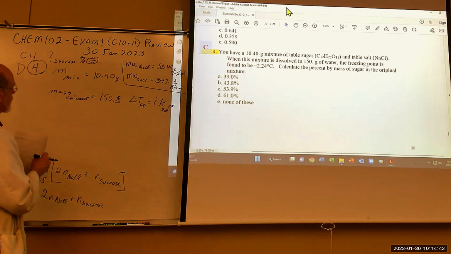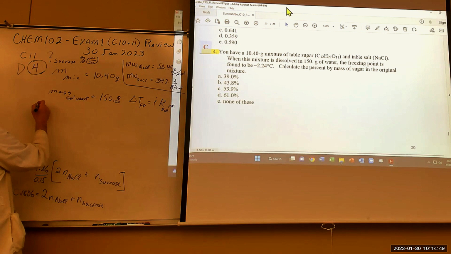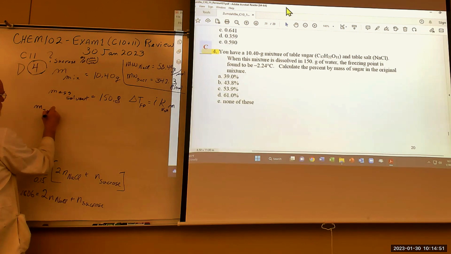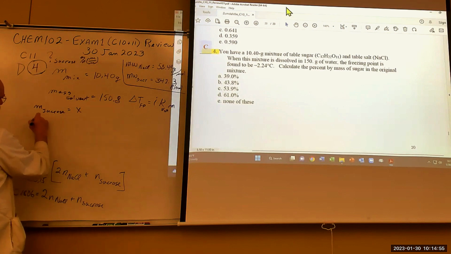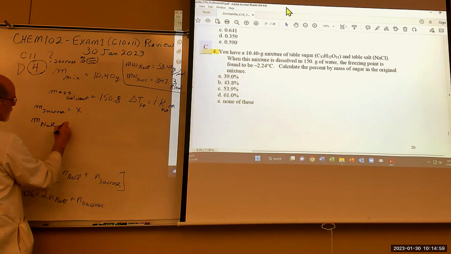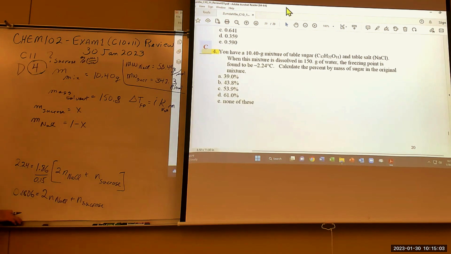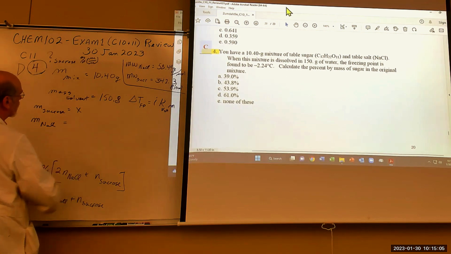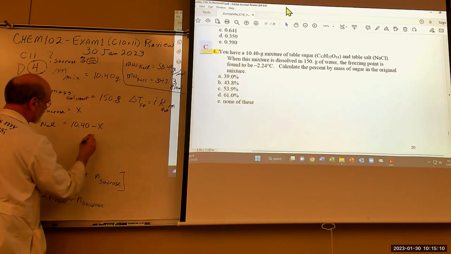So percent by mass depends on this: if we let the mass of sucrose equal our X, then the mass of sodium chloride is equal to 10.40 minus X.